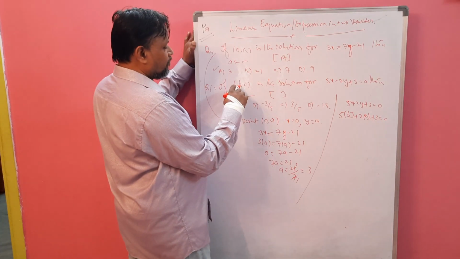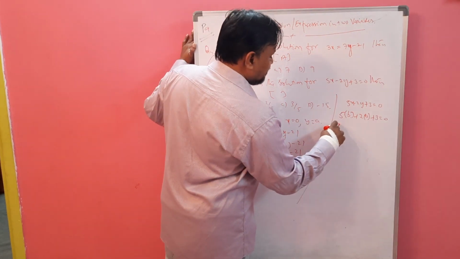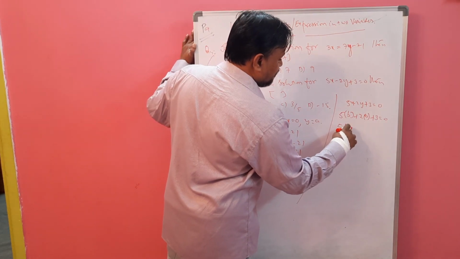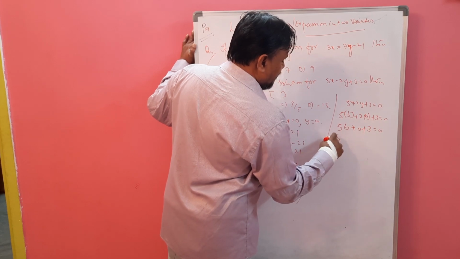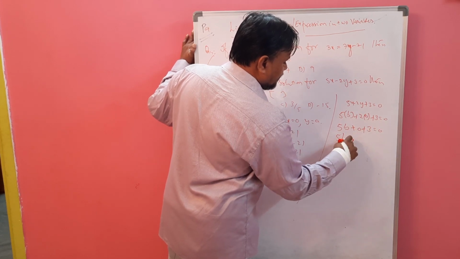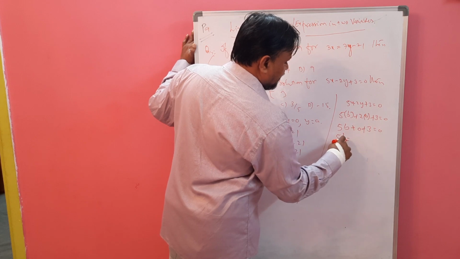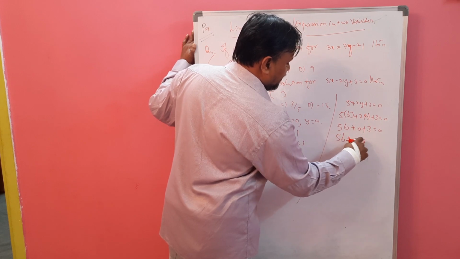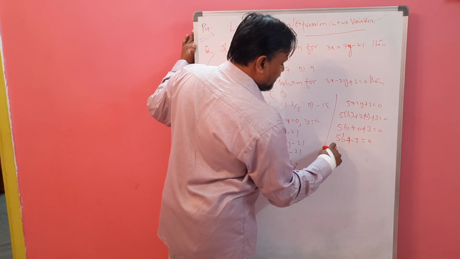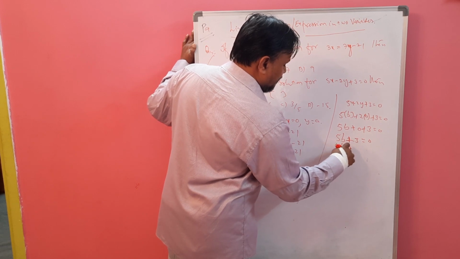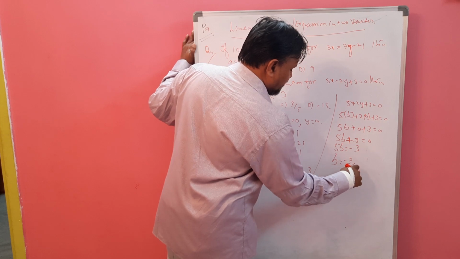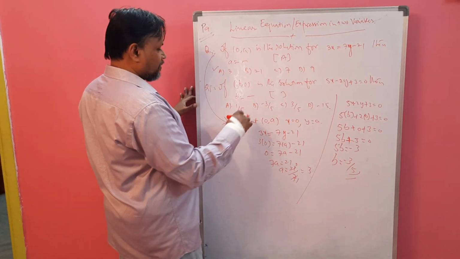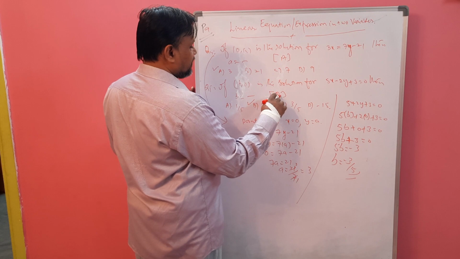So 5b plus 0 plus 3 equal to 0. Move this number to that side: 0 plus 3 is 3. Now 5b equal to minus 3, b equal to minus 3 by 5. Where is that? Minus 3 by 5, the second option, b.